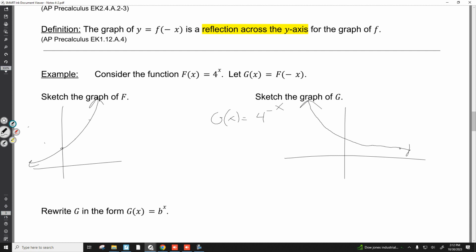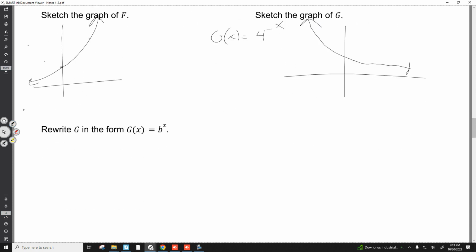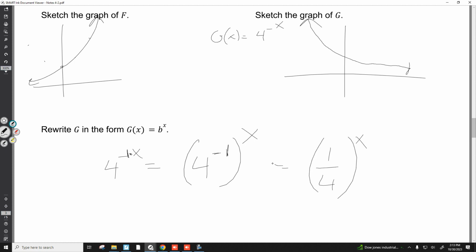Well, watch. 4 to the negative x can be written as 4 to the negative 1 times x. Everybody write this down. Which can be written as 4 to the negative first to the x, which can be written as 1/4 to the x.